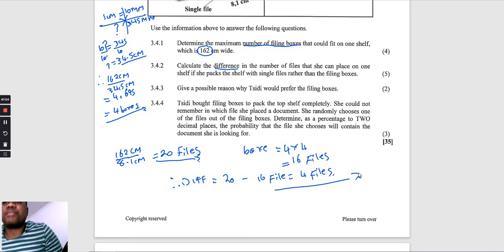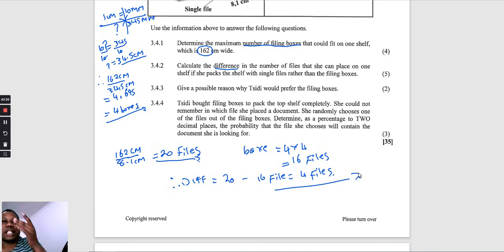Okay, now let's look at the next one. They say TD bought filing boxes to pack the top shelf completely, and they say she could not remember in which file box she placed a document.